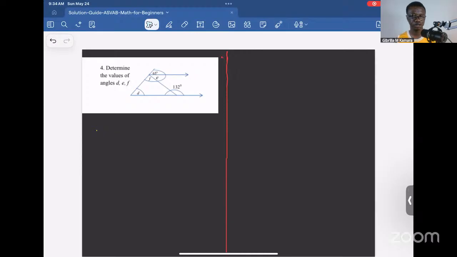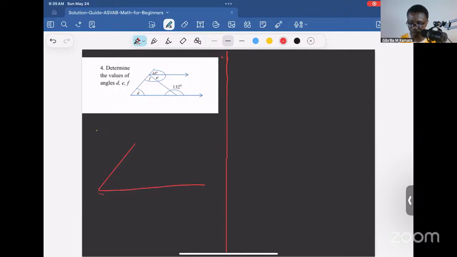So let's solve this question. First thing, we have to redraw the diagram so you guys can see it clearly. We have this. Then we have this.